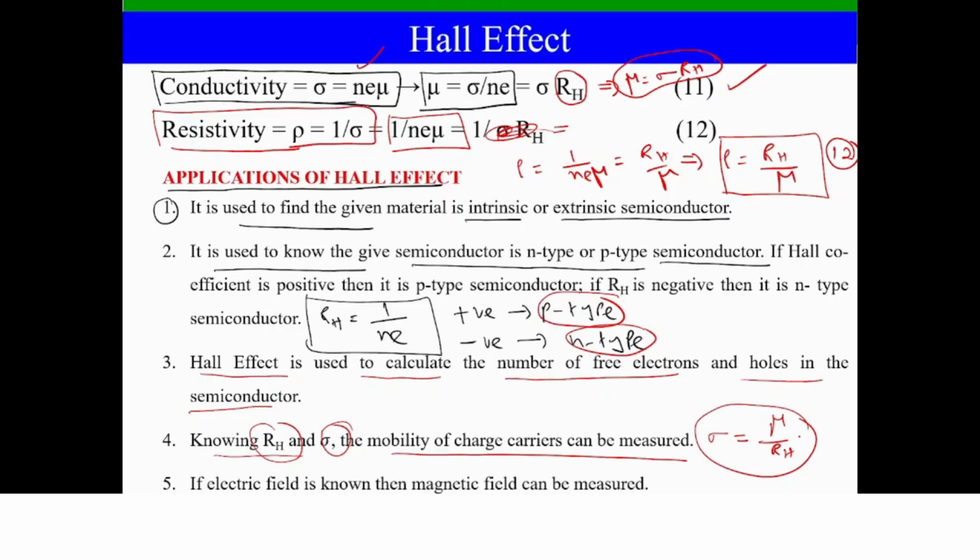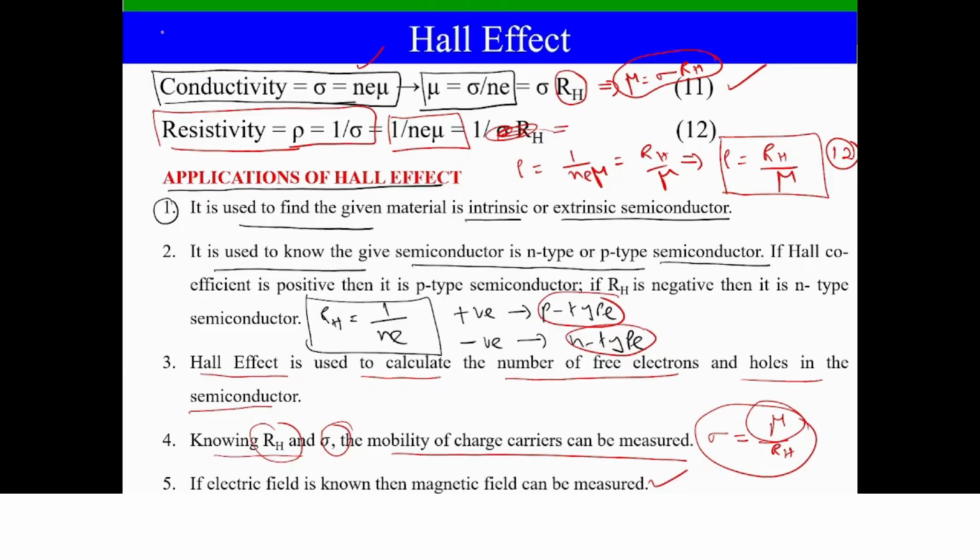So using this expression, the mobility of the charge carriers can be calculated. That is the fourth application. And the fifth application is that if the electric field is known, then the magnetic field can be measured. These are the different applications of the Hall effect.